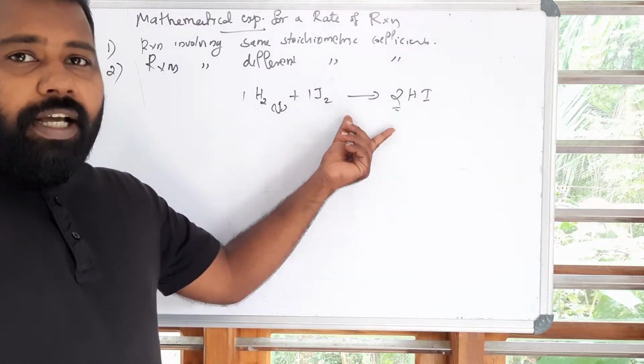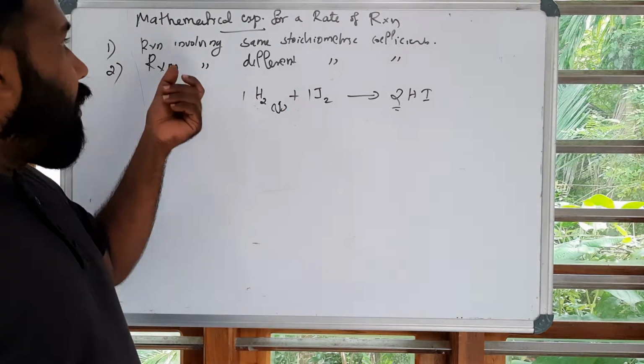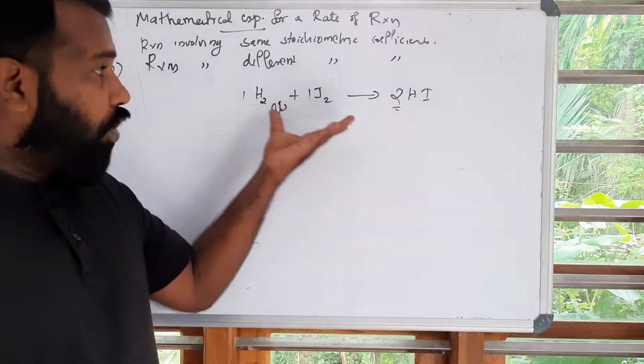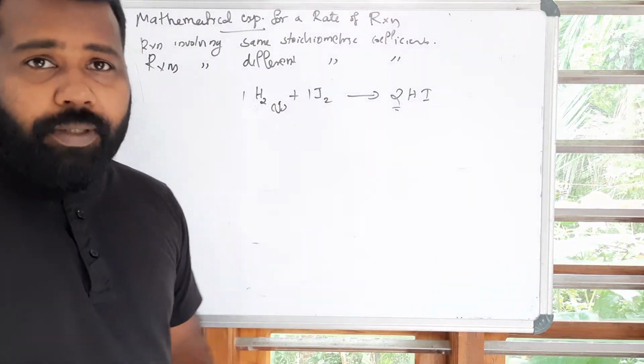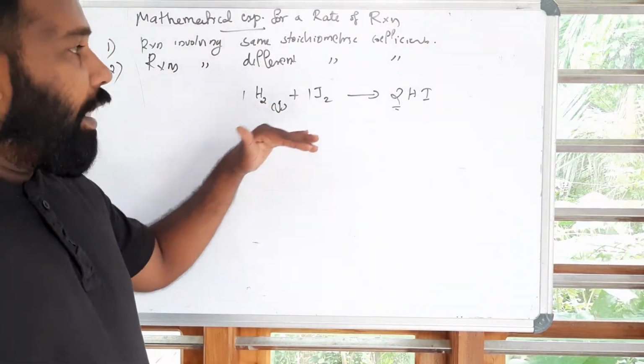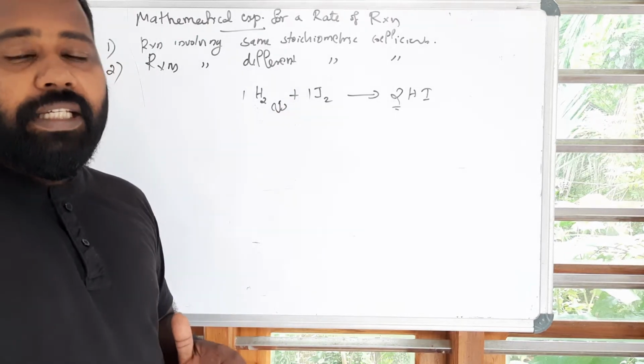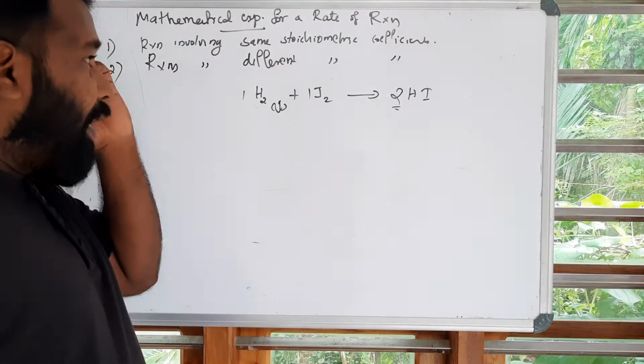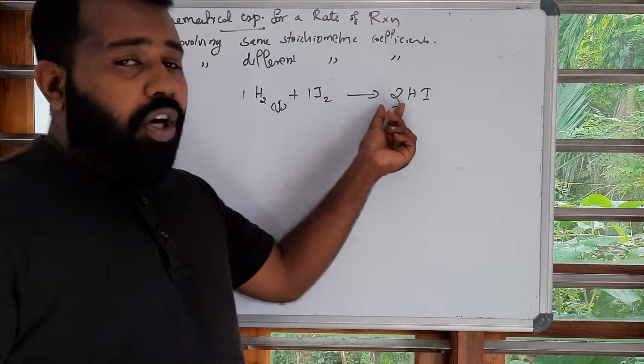In this case, how can we represent the rate of this reaction mathematically? So in this kind of case, how do we represent the rate of reaction? We need to remove this difference in the stoichiometric coefficients.